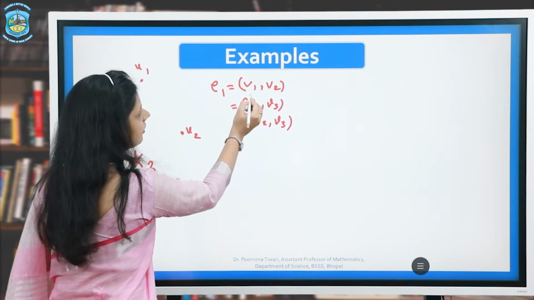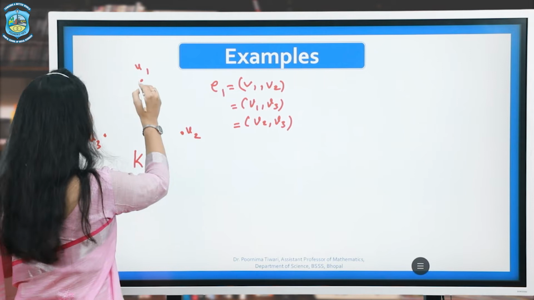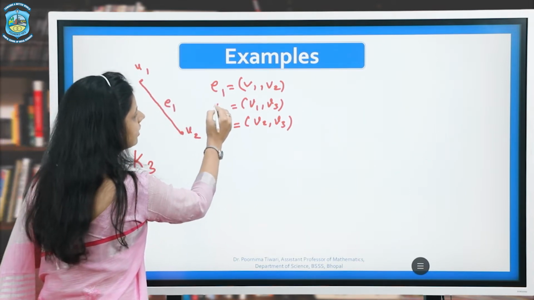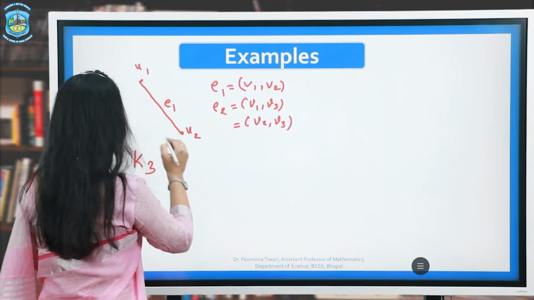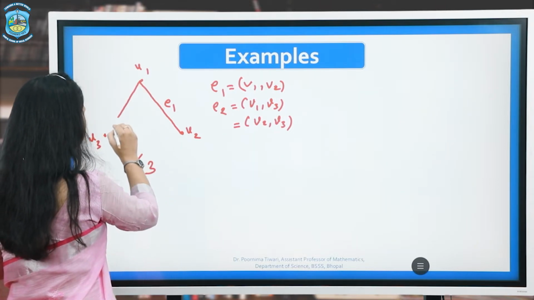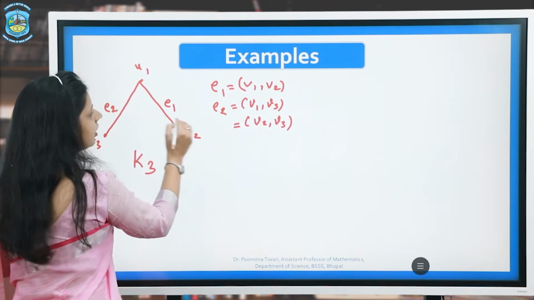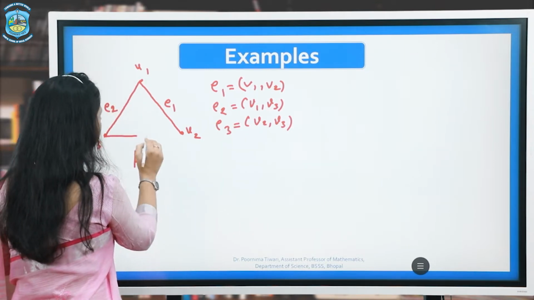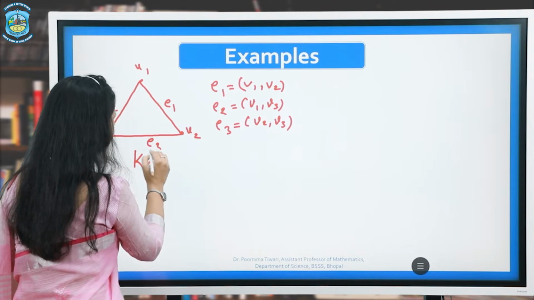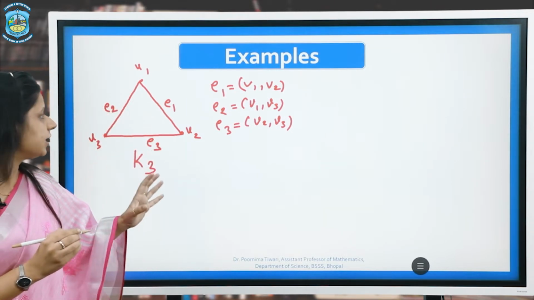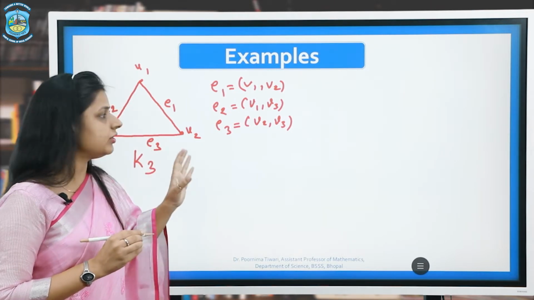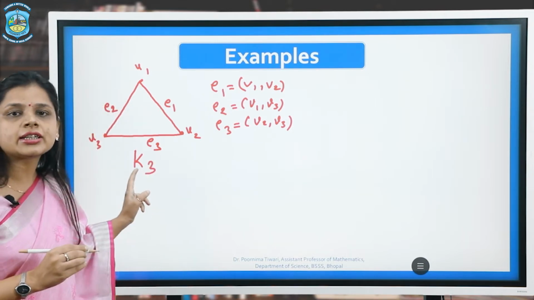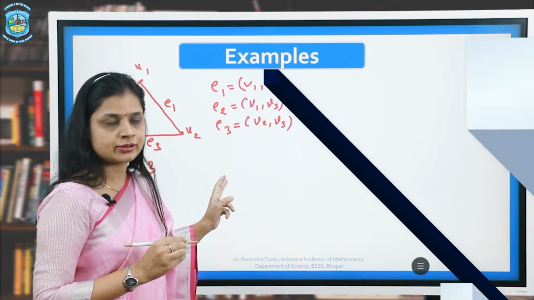Suppose we draw E1 between V1, V2, edge E2 between the vertices V1, V3, and edge E3 between the vertices V2, V3. You can see there is an edge between every pair of vertices. So this is the complete graph of 3 vertices.